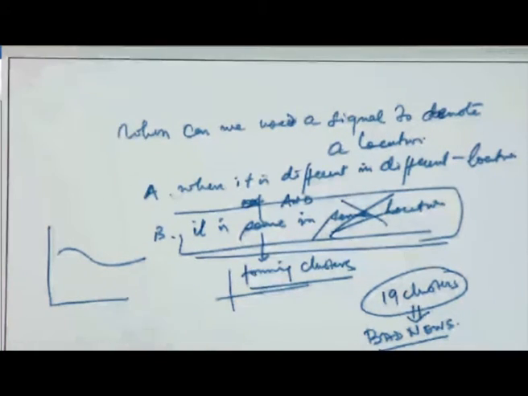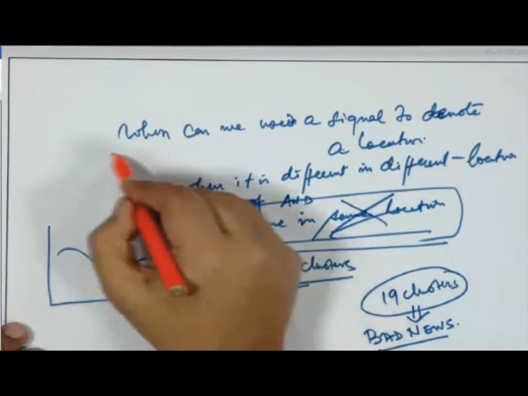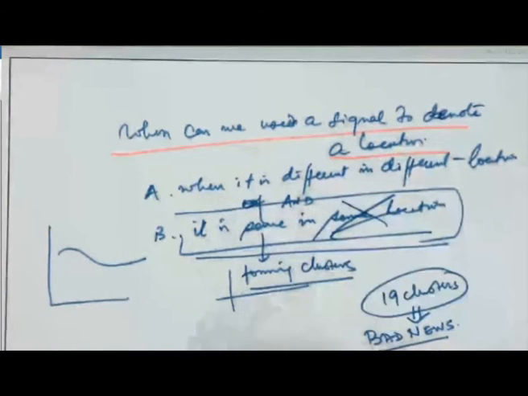So, just to pick up the basic philosophy: when can a signal be used to denote a location? There are 2 points. First, it is different in different locations.